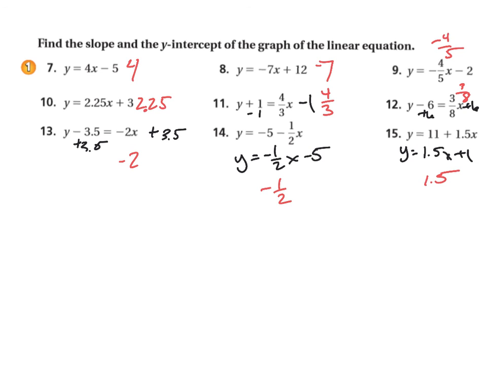Now that I've switched all of them around, going back and doing the y-intercept should be fairly easy. -5, 12, -2, whoops, 3, -1, +6, +3 5/10, a -5, and a +1.